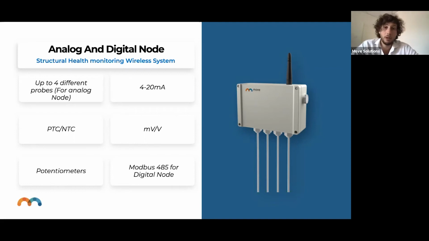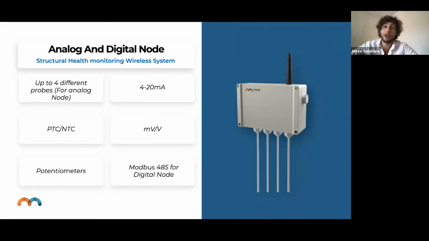Of course, the analog node has the analog interfaces, and every channel has all the analog interfaces. So, for example, in channel 1 you will find 4-20 milliampere, PTC, millivolt, POT, and the same for channels 2, 3, and 4.